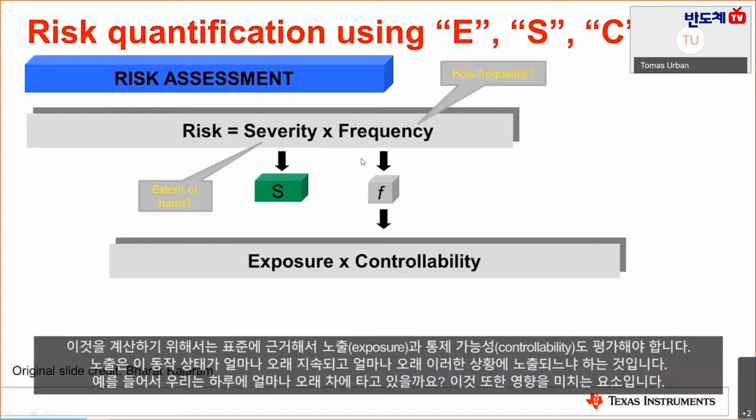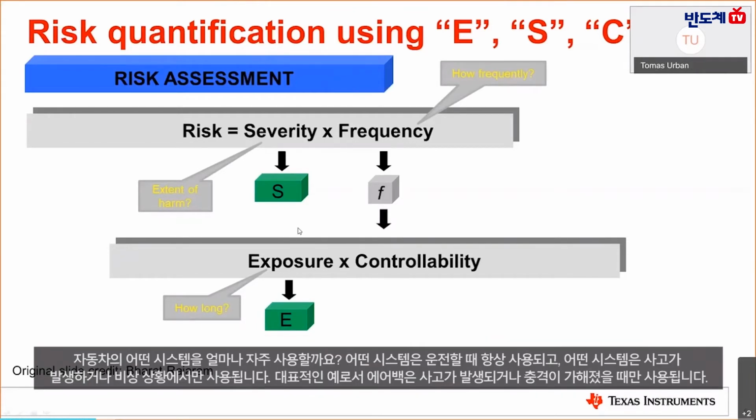According to the standard, we also need to evaluate the exposure and controllability. The exposure is how long this operational state lasts, how long we are exposed to this situation. For example, how long do we sit in a car every day? That, of course, has an impact.